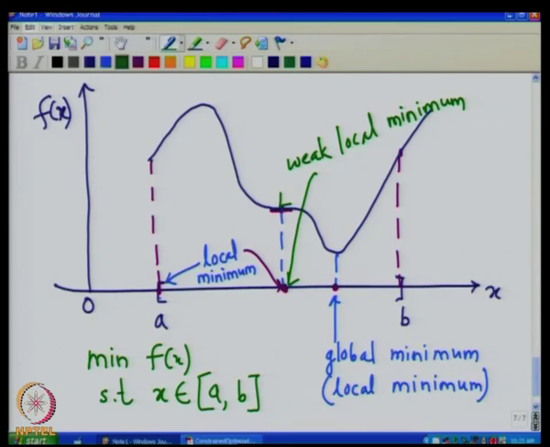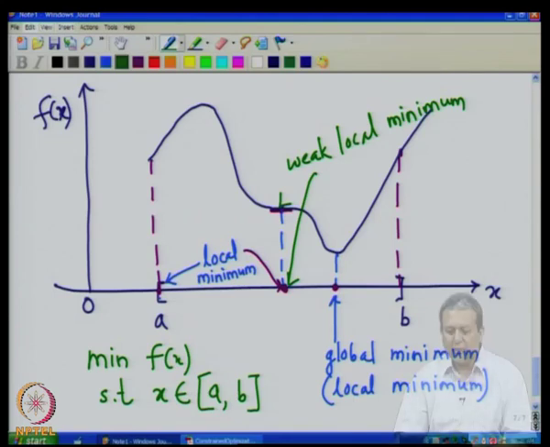Now, you will also notice that the first order necessary conditions that we discussed for an unconstrained optimization problem may not always hold at local minima. So, at this point the gradient of the function vanishes. So, this is fine, this point is also fine, but if you look at this local minimum, if you take the one directional derivative of the function at this point, it is not 0.